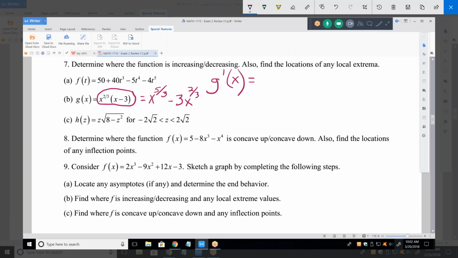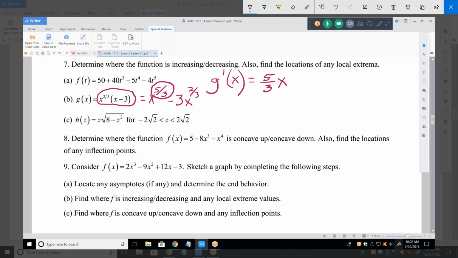So what's the first derivative? Isn't it x to 2/3? Start with the coefficient. In other words, always start there. So the first number you're writing is 5/3. Yes, 5/3. X to what?